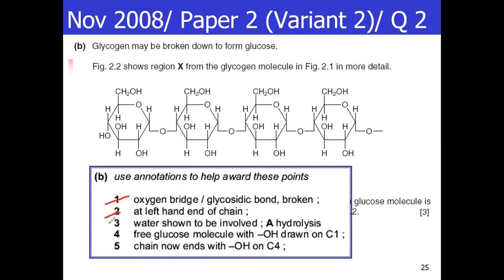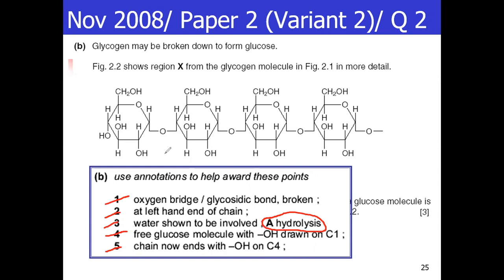At the left-hand side of the chain, water is shown to be involved, or if you don't draw the water, at least you write that the process is called hydrolysis. So accept, A stands for accept. Number 4, free glucose molecule is being drawn, with the OH joined to carbon 1, and the chain now ends with the OH at carbon number 4.